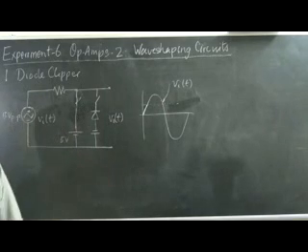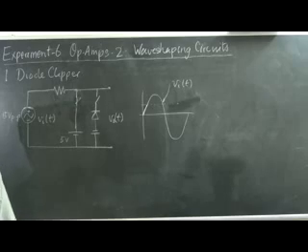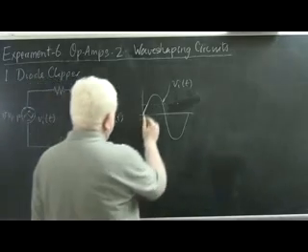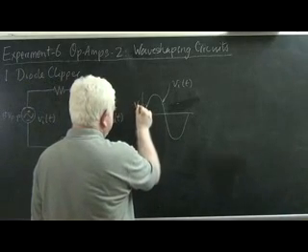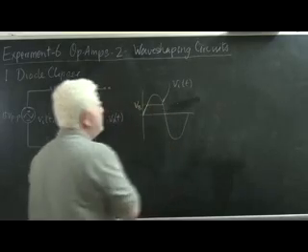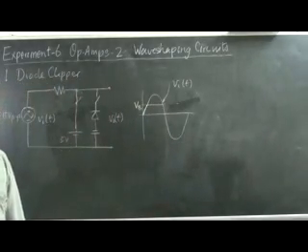So let's ignore 0.7 in our discussion because it's obviously going to be there, and say it levels off at VB. So this is VB, and at this point the output remains at that level.